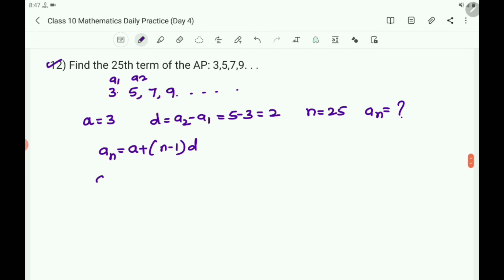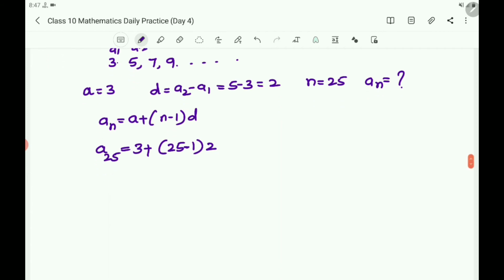Then we have to find out a25. In the place of n you write 25. You have to find out the 25th term. Then in the place of a you write 3, 3 plus n, n is 25, minus 1, d. d is 2.